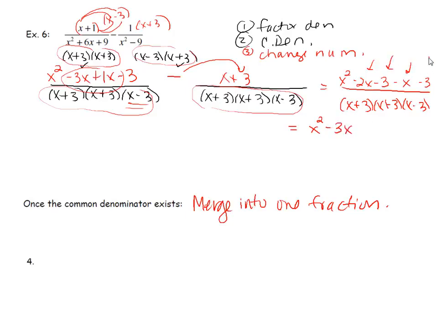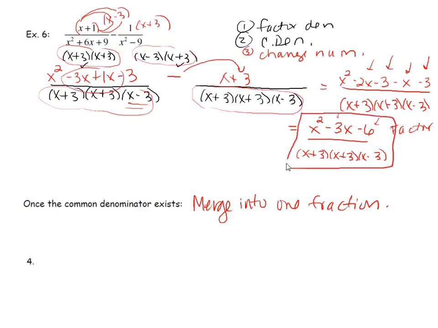And like terms here. And then we try to factor this, which we can't. There's nothing that will multiply to give me this and add up to this, so then we're done. But we try. You have to try to factor.